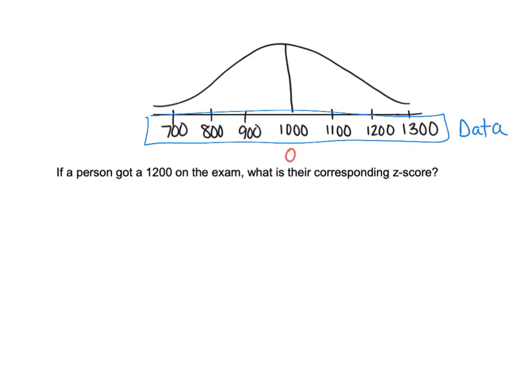So we know the mean is always a z-score of 0, 1, 2, 3, -1, -2, -3. So these values here are our z-scores. So if a person got a 1200, well, let's take a look over here. 1200 has a z-score of 2.